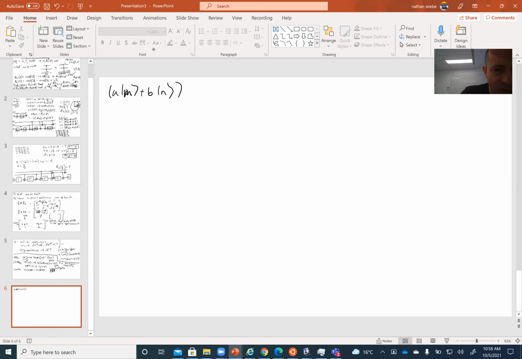I'm going to assume for the moment that I've got 0, a length n, down here. And I'm going to assume that I've got one extra quantum bit down here.